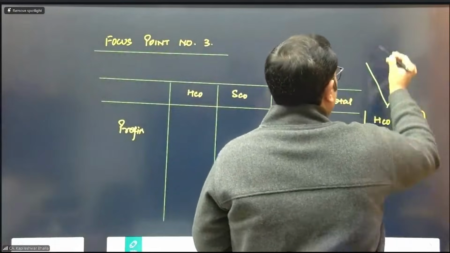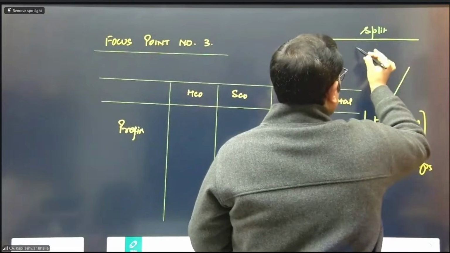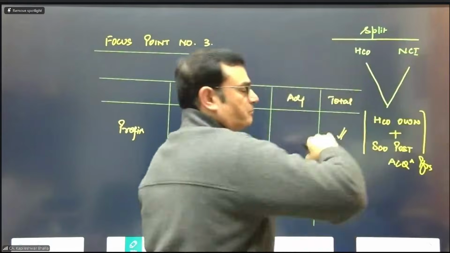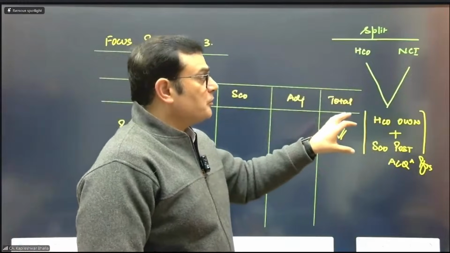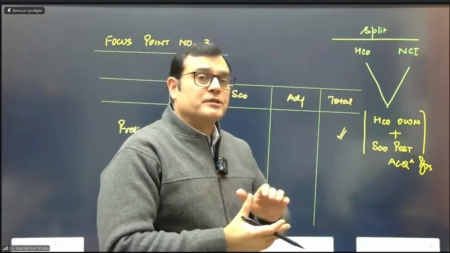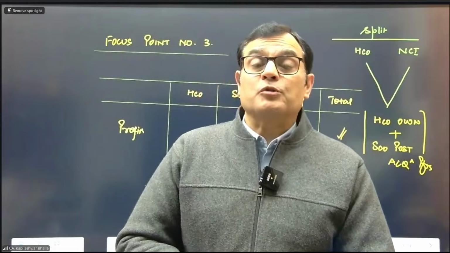Now, at the end of the day, can I say this profit is to be split between the holding company and the NCI? Because ultimately, this profit belongs to the parent company. Out of the post-acquisition profit, a portion belongs to the parent, a portion belongs to NCI.